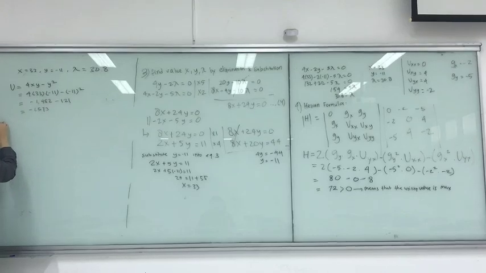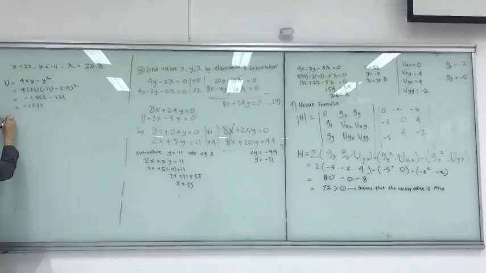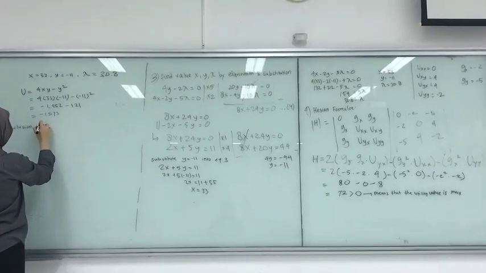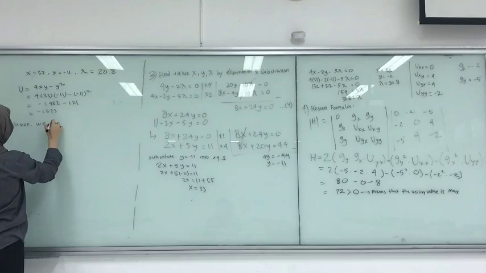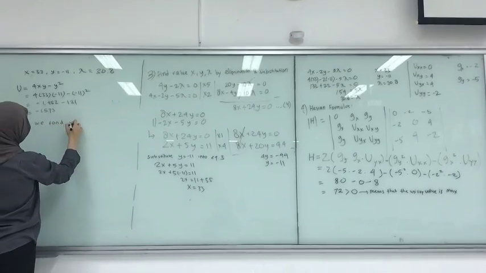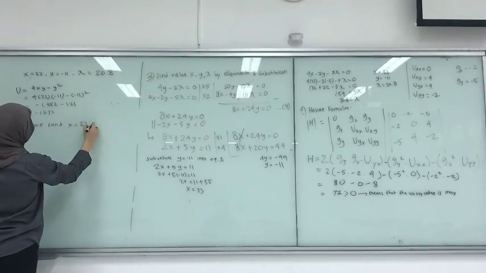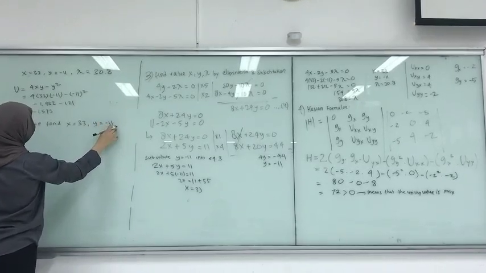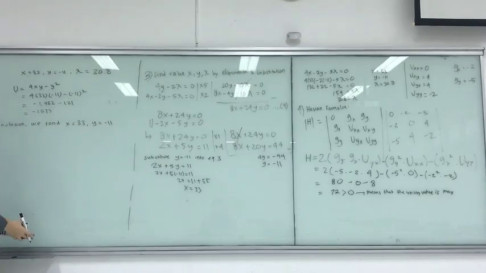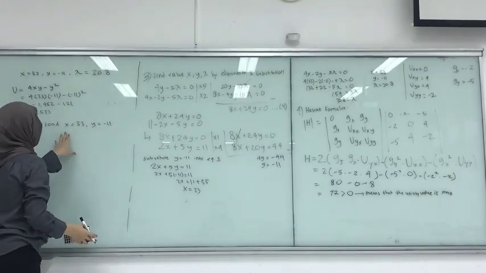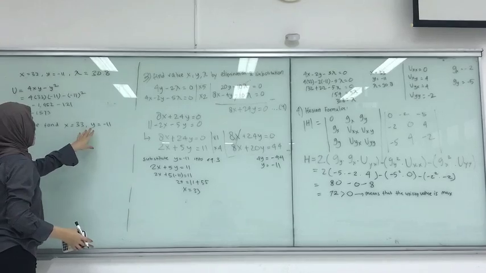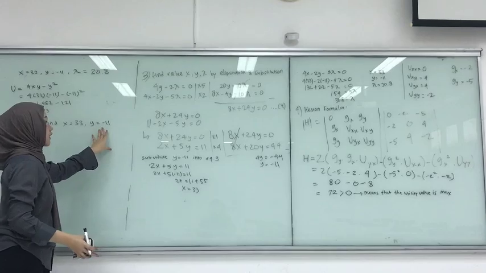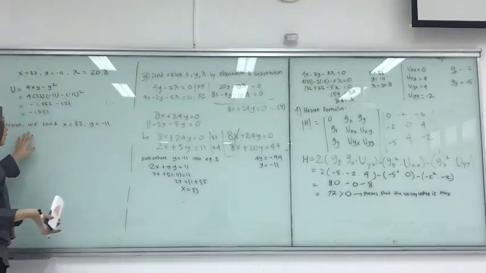So yeah, the conclusion, we found x 33, y minus 11, which is the budget, right? The budget of x is 33, and the budget of y is minus 11. Budget can be negative.